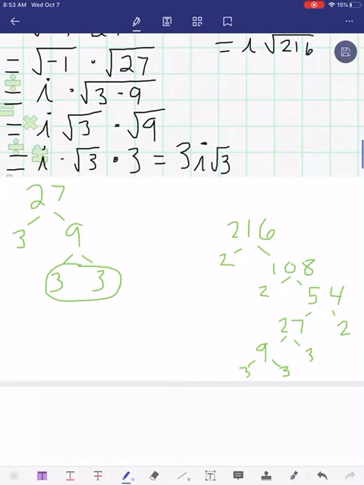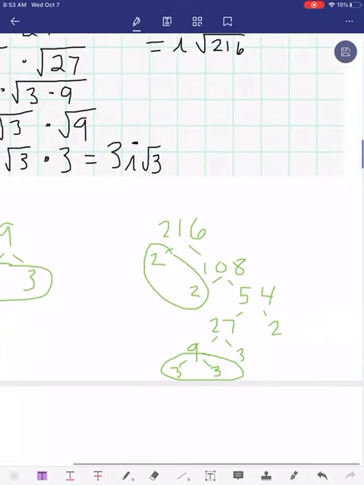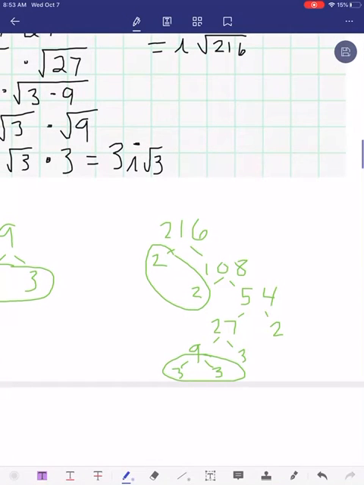So again, remember that we're looking for groups of 2. So I have 2 2s and 2 3s. So if I think about it, that means that we could rewrite 216 as 2 squared times 3 squared, and then we just have a 2 and a 3 left over.